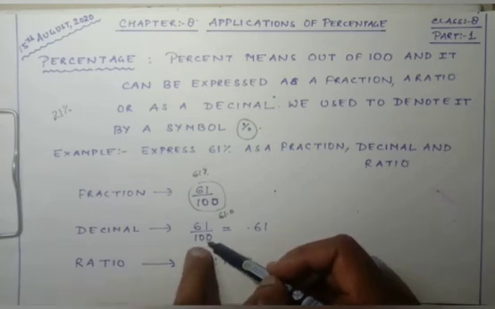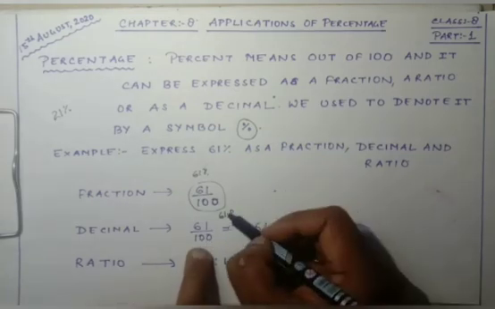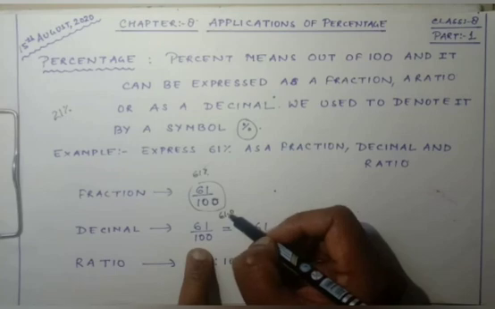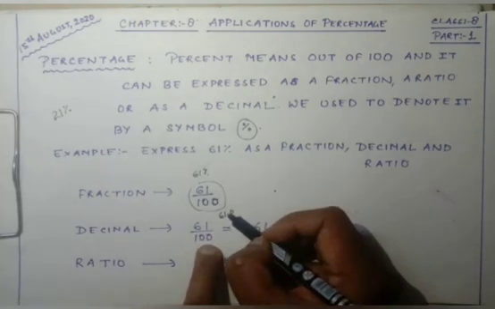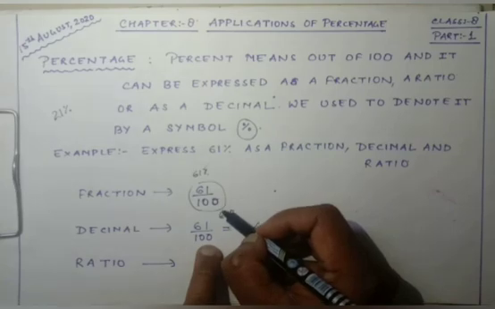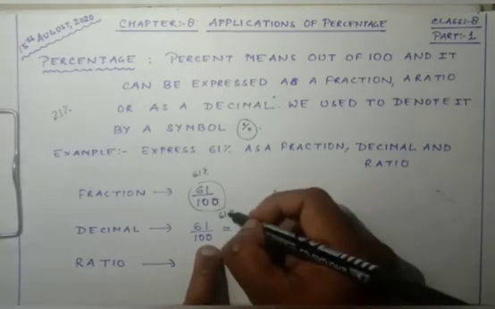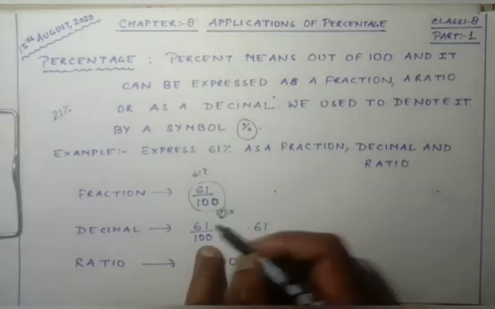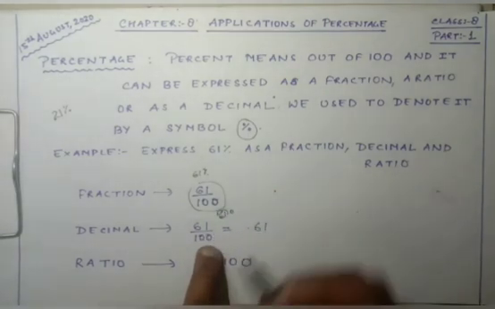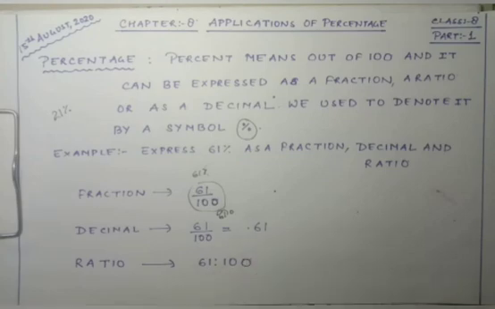Now how many zeros are there? 2 zeros. So I have to shift the decimal place 2 places to the left, that is 1 place and 2 places. So it will be 0.61. That is the decimal form.